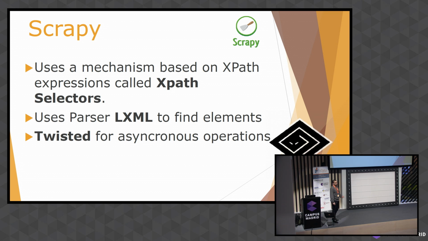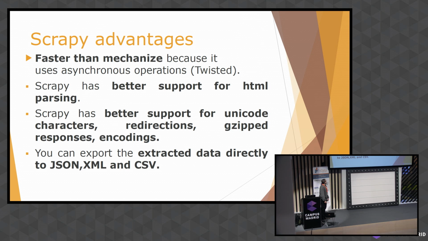With one thread, Twisted processes all the requests. The main advantage that we have with Scrapy is that it's really faster when we are scraping a lot of data and making a lot of requests, so it is faster than the other tools that we have.